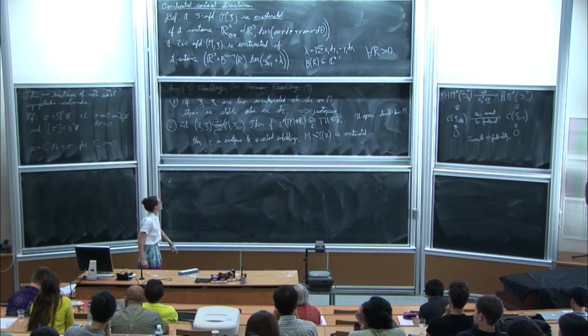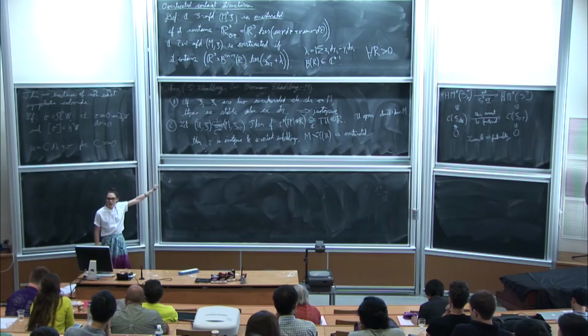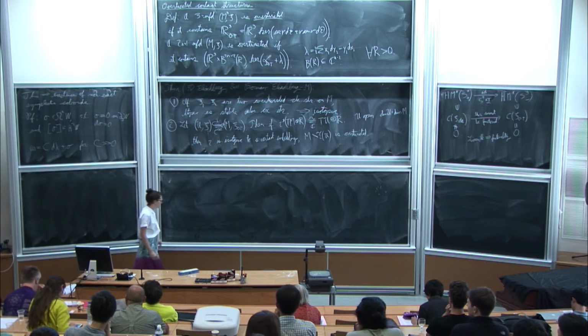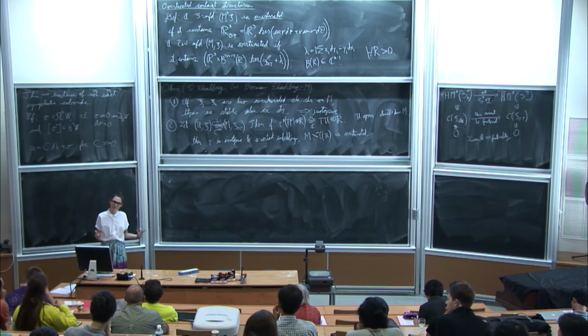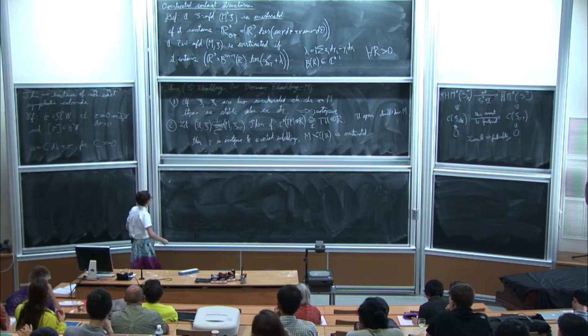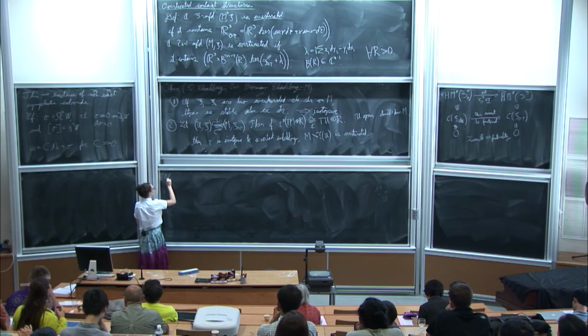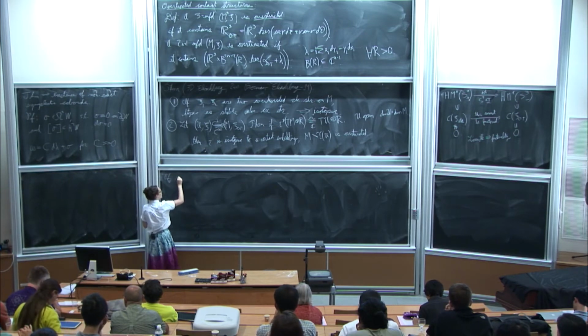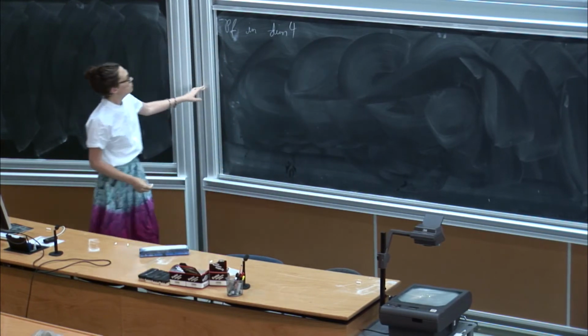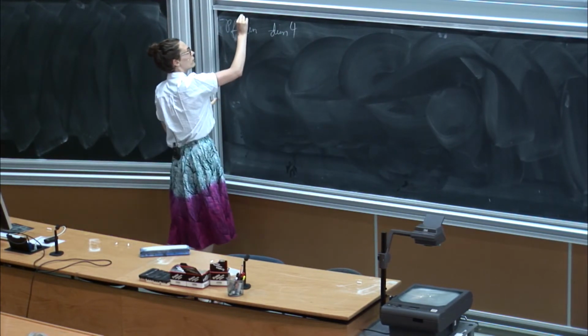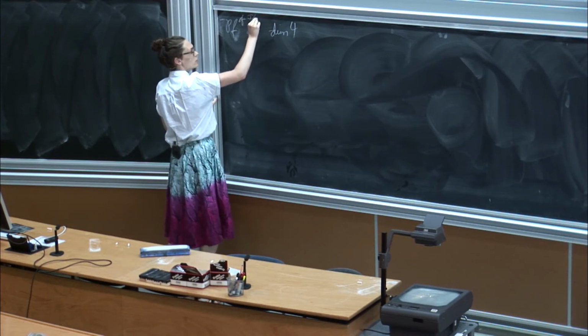So I set up all of this fancy new high-dimensional stuff, but maybe I'll start by discussing the proof in dimension 4, because it's a bit easier. So, proof of the main theorem in dimension 4.